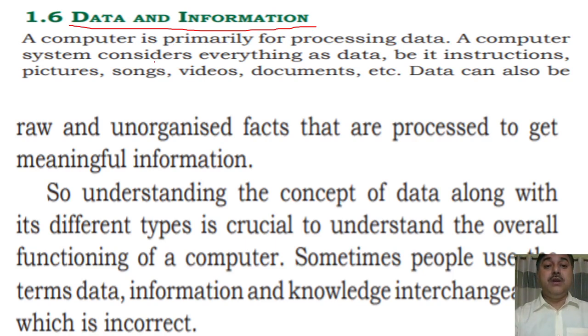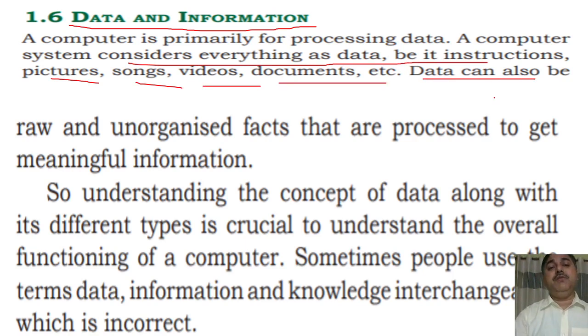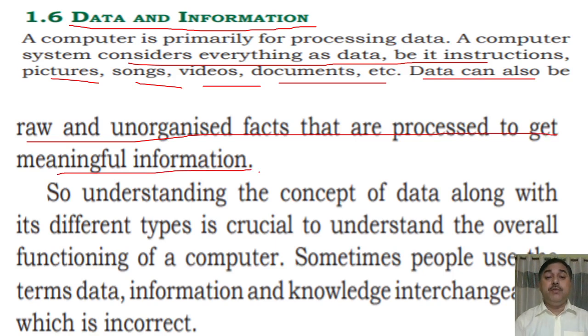When a computer considers data, like you are giving some instruction, a picture, a song, a video, documents, all these things you are giving, what we have is raw and unorganized facts, and these need to have some meaning. So what is meaningful? We say meaningful information. It means the data that has been given is required to be processed.